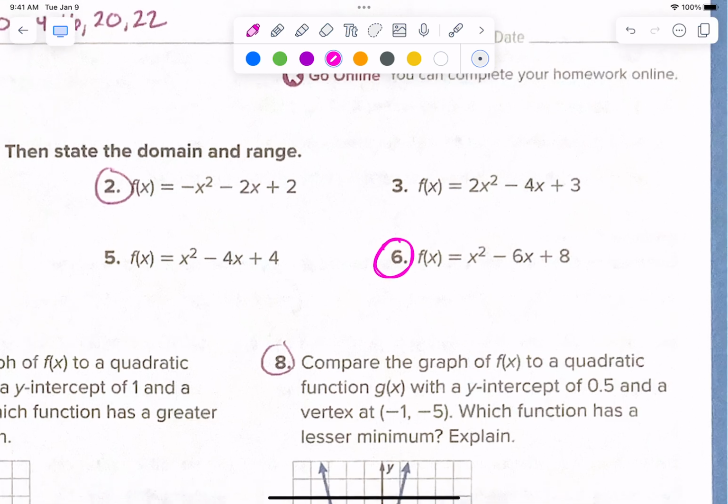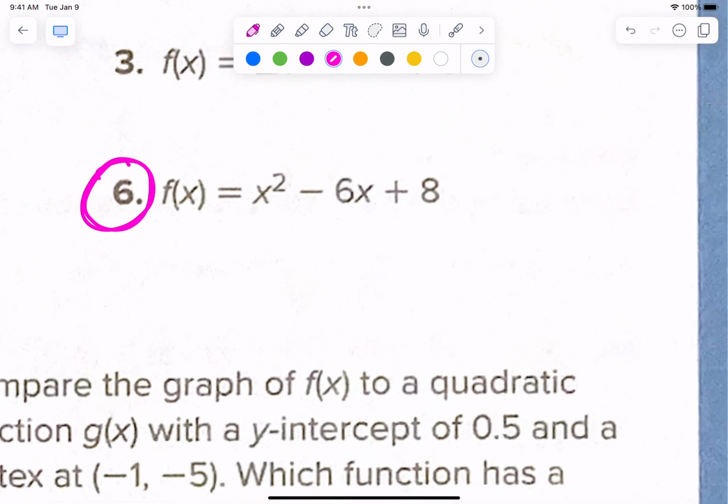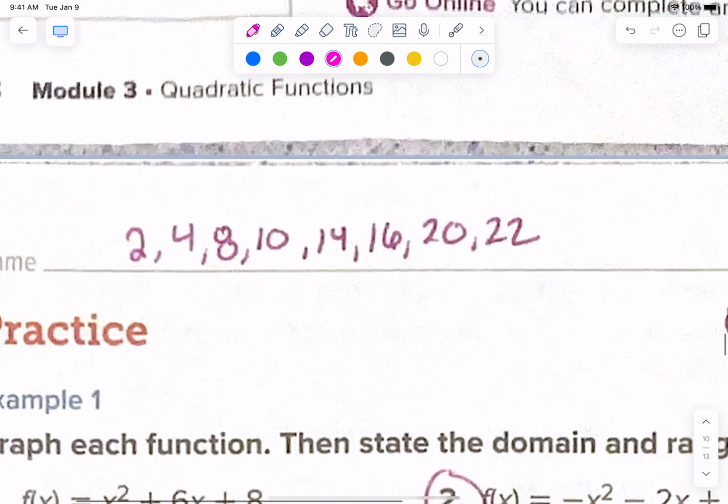Anybody else want graph paper? Graph paper, graph paper.